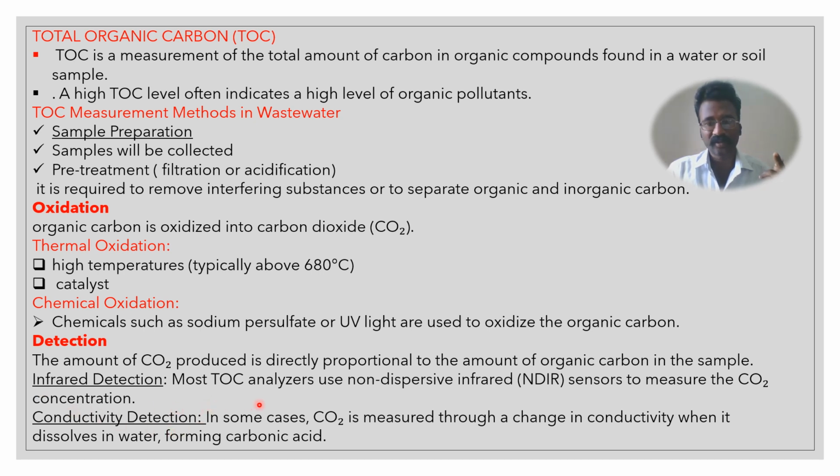Mostly in TOC analyzers, a non-dispersive infrared (NDIR) sensor is used to measure the organic carbon content. In conductivity detection, the CO2 is used to measure the conductivity as it forms carbonic acid. By this way, it will detect the total organic carbon.